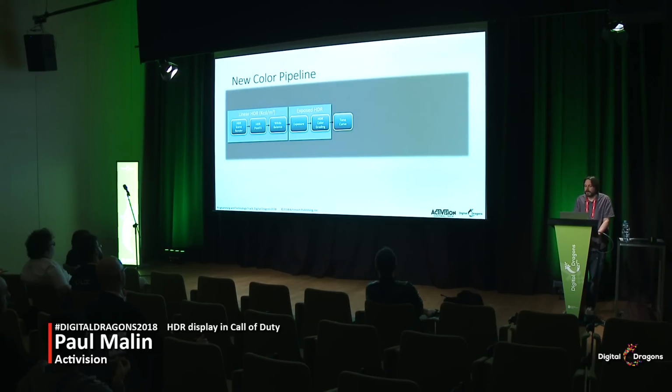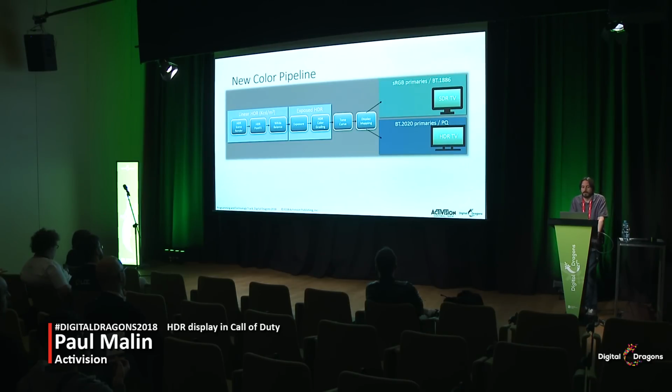At this point in the pipeline, all the stylistic adjustments have been done, and intensity values are in a 0 to 10,000 nit range, closer to something that we can output. The display mapping then takes these values and produces color values that we can output to the connected display device. The display mapping needs to take the input and reduce the range for the output device, typically applying a shoulder to bright values.